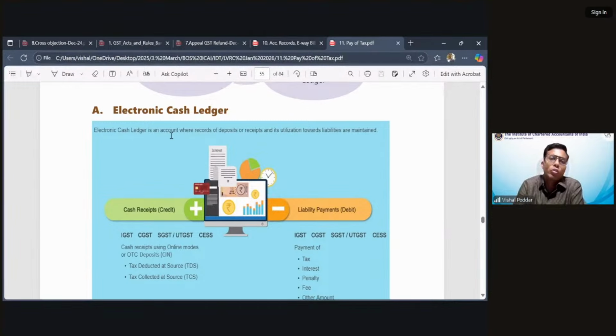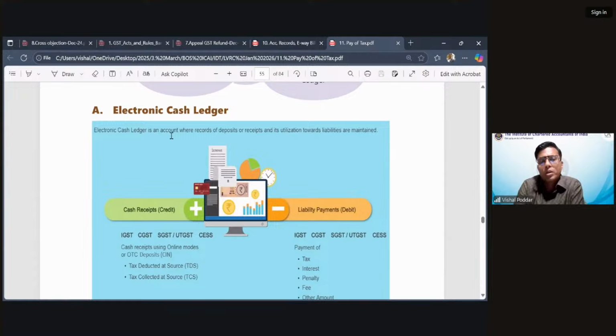One is you make the tax payment using the ITC. But if you feel that besides the ITC, you have to pay some tax from your pocket, then to that extent, before the due date of tax payment, you should keep that much amount deposited in this ledger, which is the electronic cash ledger.